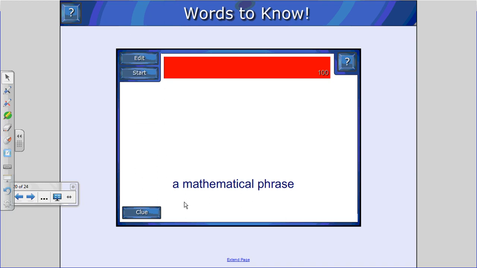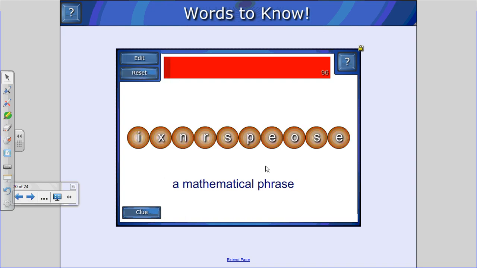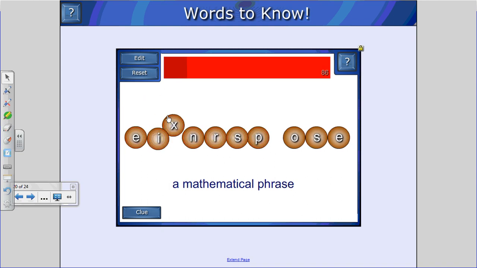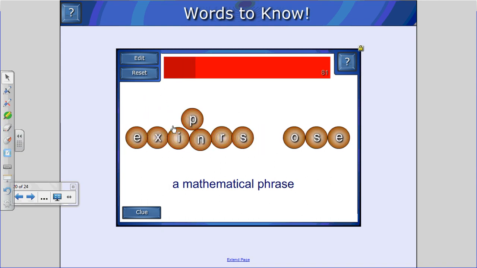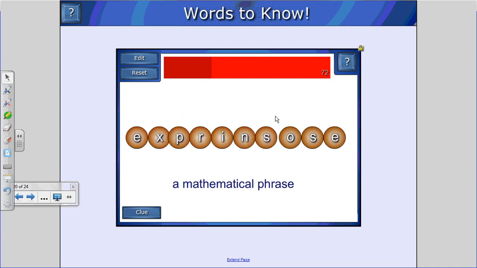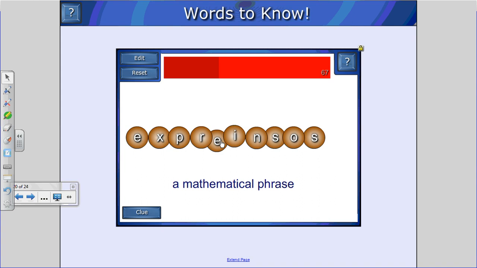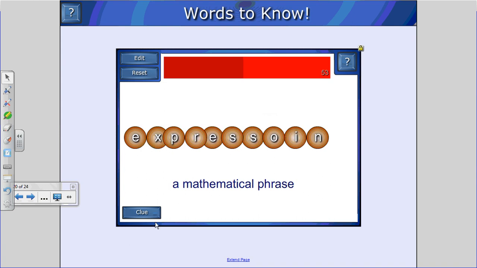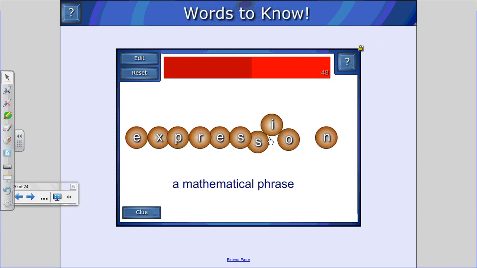Here's a little thing. We're going to review some vocabulary that we've learned today. A mathematical phrase. Let's press start. I think it's going to be expression. Oops, I spelled it wrong.